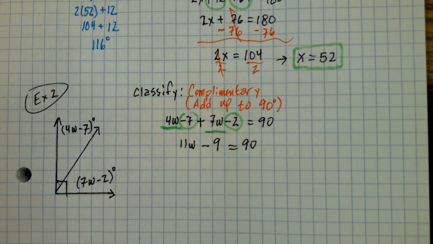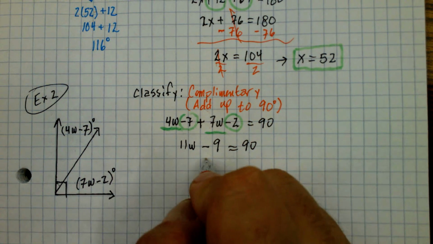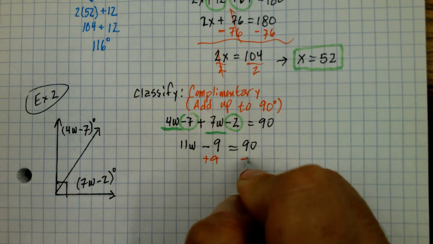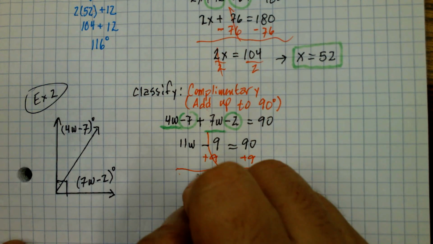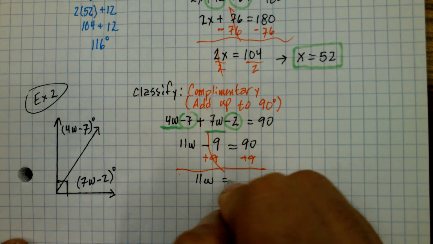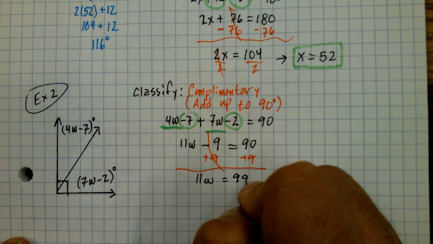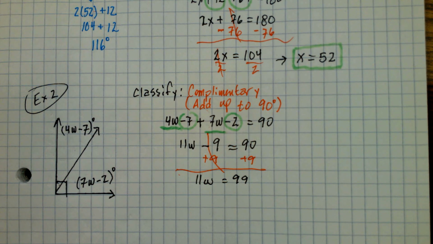Okay, let's solve that. It's a two-stepper. Let's get rid of the -9. Add the 9. So we get 11w equals 99. So that means w has to equal 9.